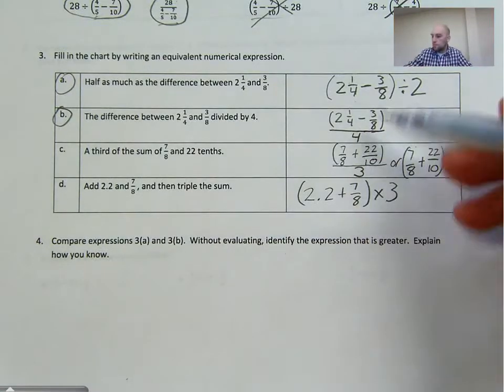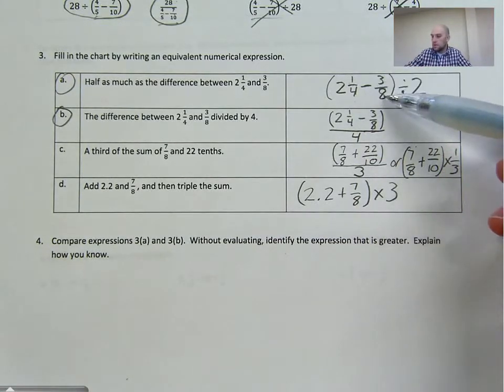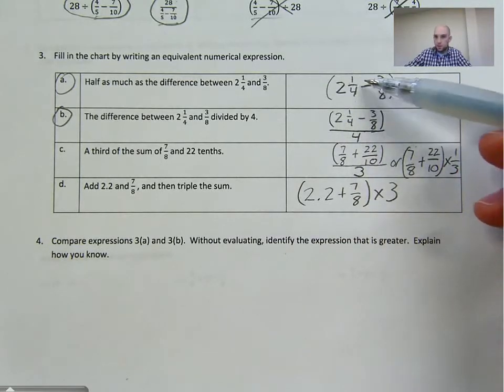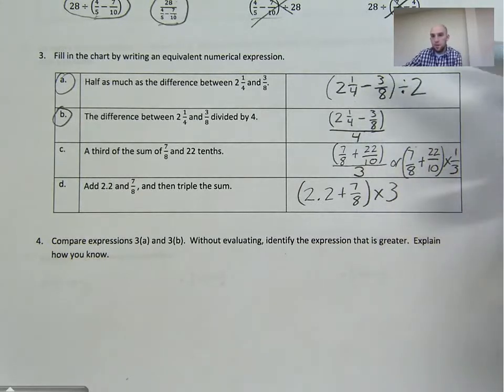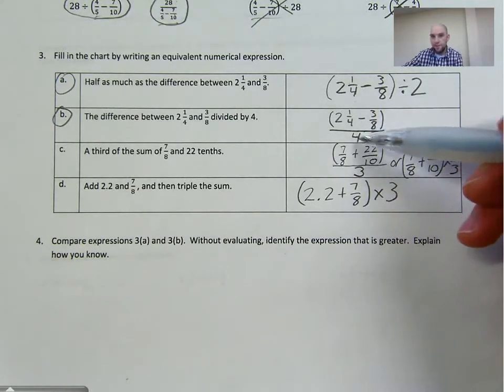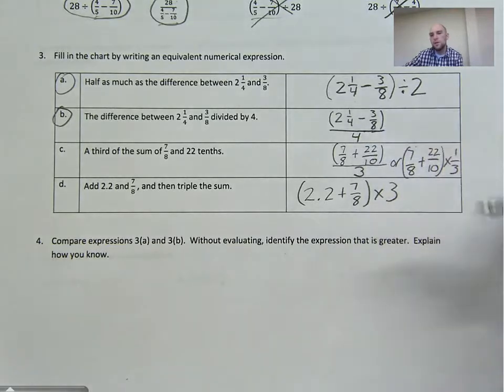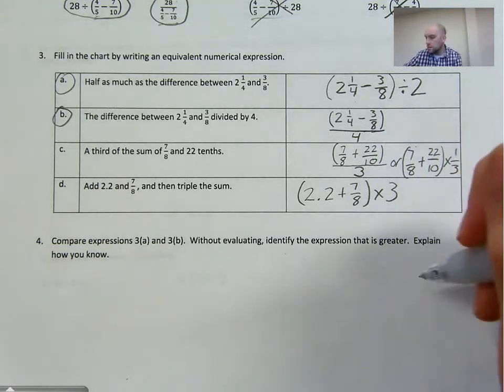So I have 2 1/4 minus 3/8, and I have 2 1/4 minus 3/8. So I'm starting with the same number, the difference between 2 1/4 and 3/8. And then I am dividing by 2 here, and I'm dividing by 4 there. So which one is going to be greater?